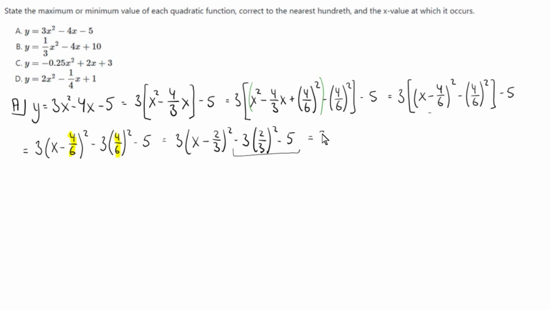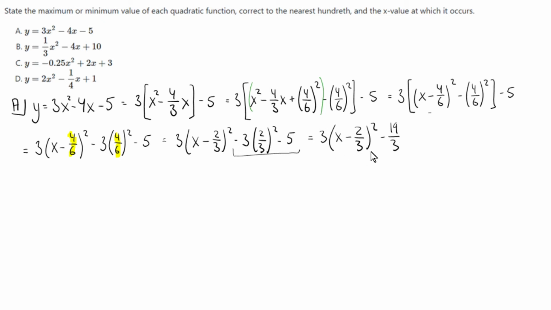And if we do that, it's going to be negative 19 over 3. We just square that quotient, multiply the numerator by negative 3, and then we subtract 5.